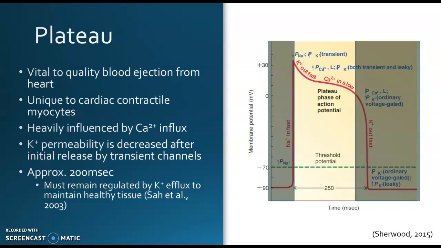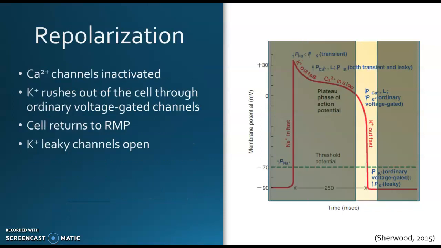So ultimately, when we get through that plateau, we now are kind of moving back to what we've known before. In our repolarization phase of this action potential, the calcium channels are now inactivated, so we're no longer allowing those calcium ions to move into the cell.